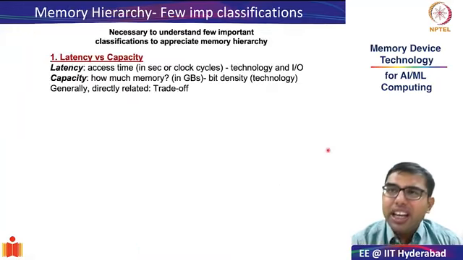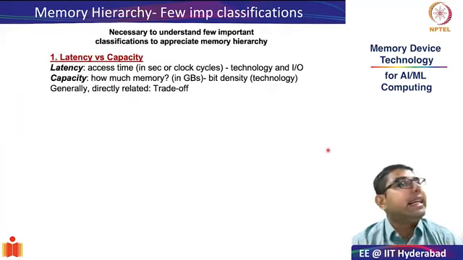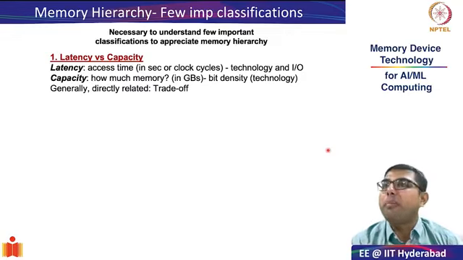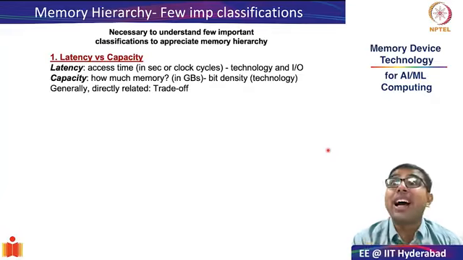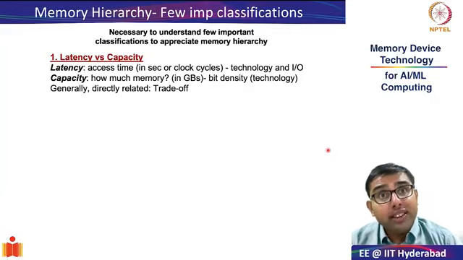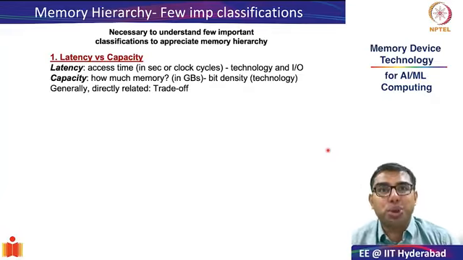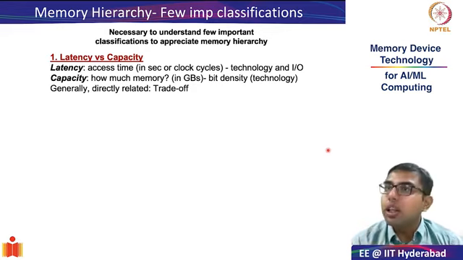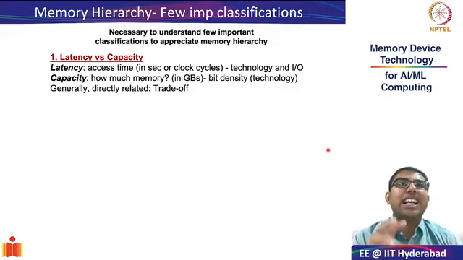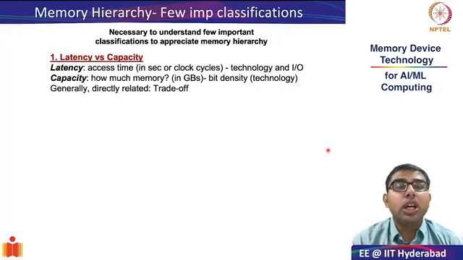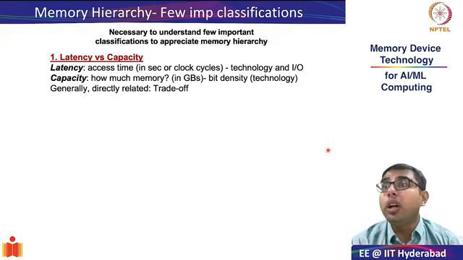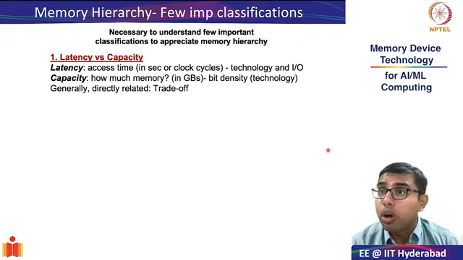And to be really able to appreciate the technical details of the evolution of the memory hierarchy, how it is at the present day and how it is supposed to evolve, we need to look at some very important technical terms. So we will spend the next 5 to 10 minutes closely looking at these technical terms, defining them, and this will be very, very important for the rest of the course.